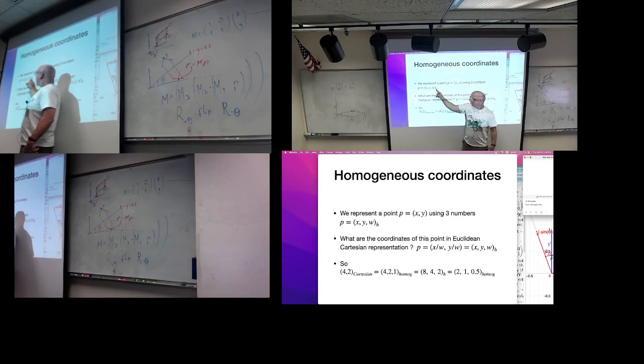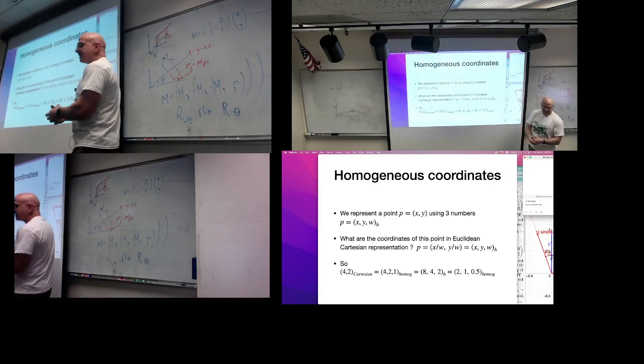And when there is a chance of confusion, I'll write h right here to denote it. You need to think about the 3 numbers as homogeneous coordinates. And when you see it this way, you can think about it as a point in the Cartesian plane with values x, y.